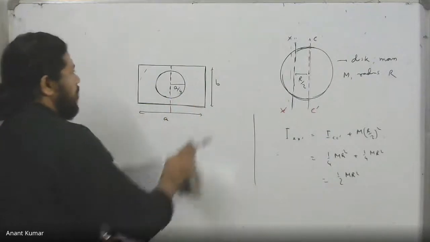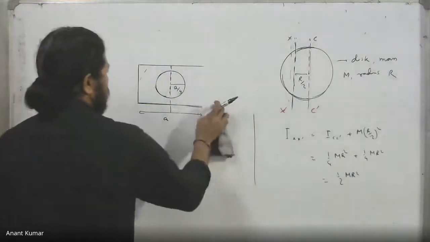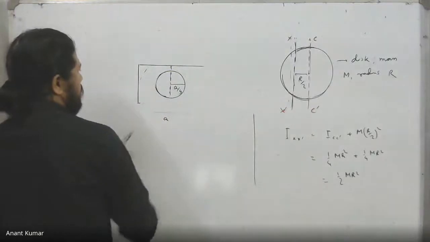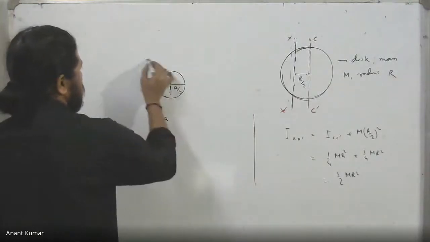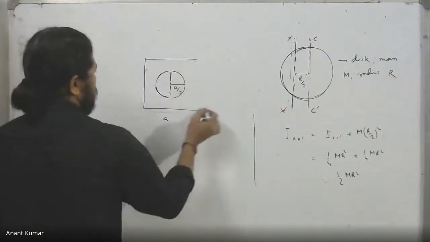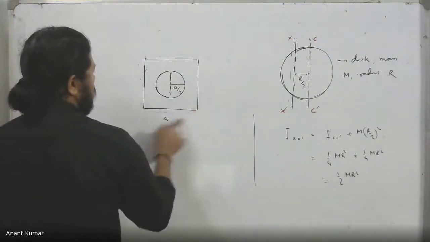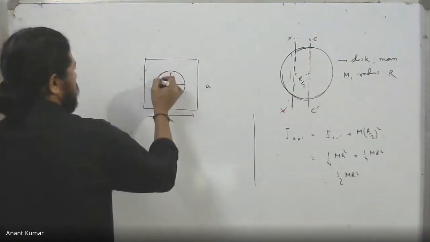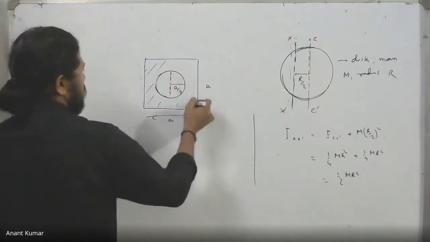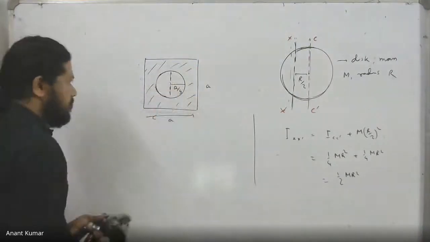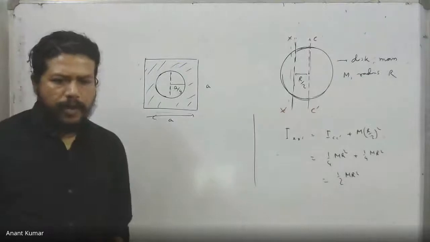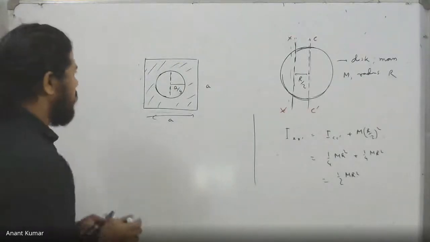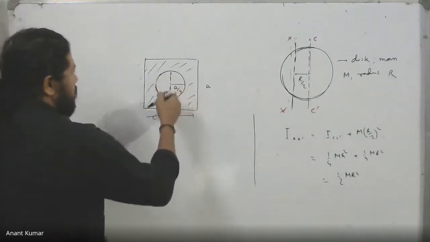Okay, just wait. I'll just make it a square over there. Take it a square. Then we have a square plate. From the square plate, a circular part has been removed.